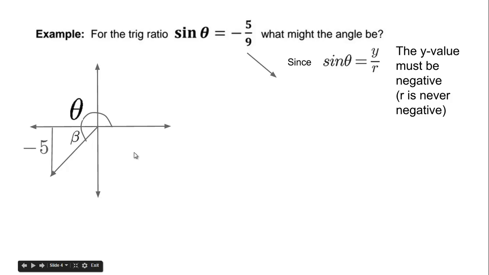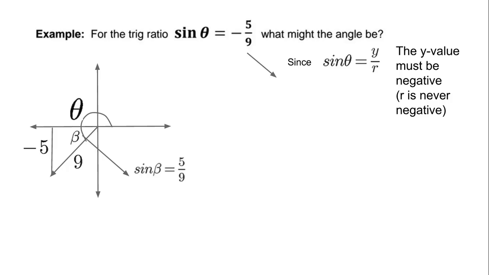Okay, so we use SOHCAHTOA to figure that out. We already know the opposite side. The y value is -5, and the radius has to be 9. So really, all we're doing to find out this angle beta is taking opposite over hypotenuse. Notice how we really don't care about the negative sign. We just want to find what the opposite over the hypotenuse is.